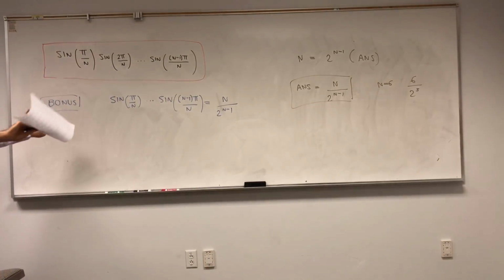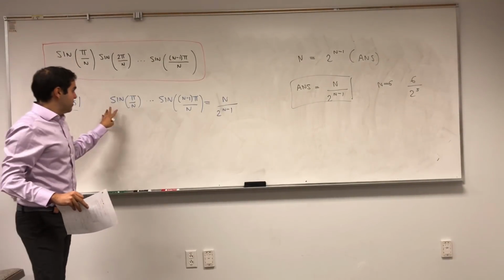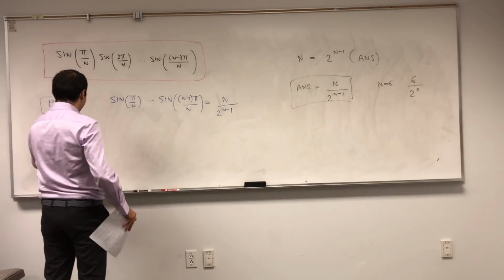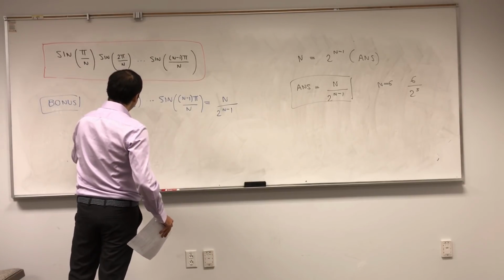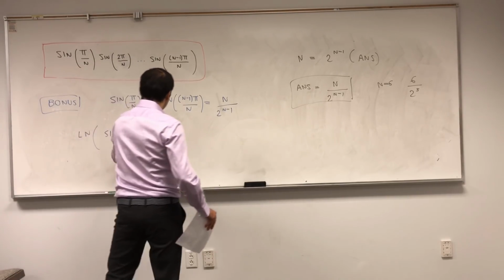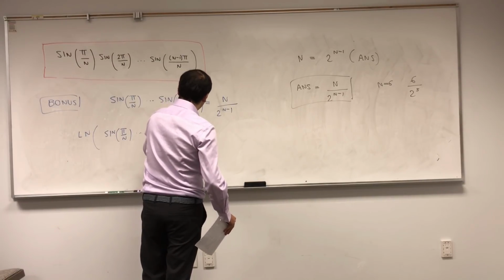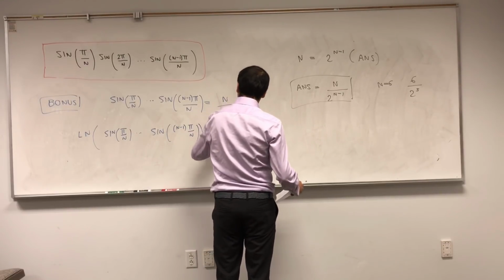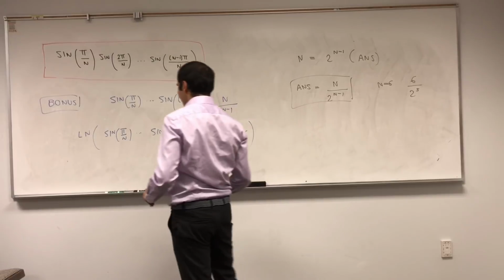Well, here we have a product. Let's turn it into a sum. And how do you break a product into a sum? With ln, of course. So ln of sine of pi over n, dot dot dot, sine of n minus 1 pi over n equals ln of n over 2 to the n minus 1.